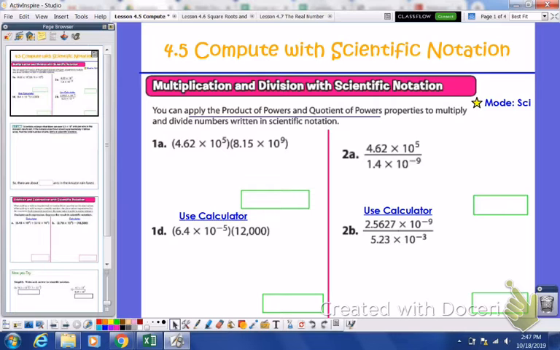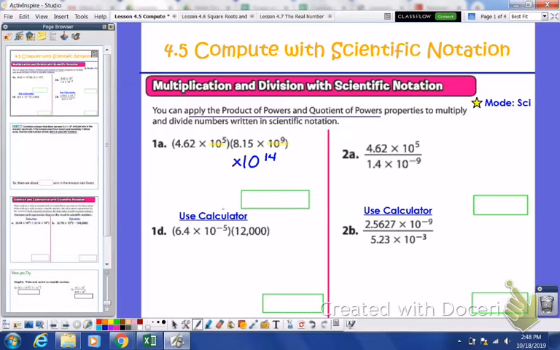So what this means, if we look at our first example, we have 4.62 times 10 to the 5th times 8.5 times 10 to the 9th. So we know from previous lessons that when we have a base with the same exponent and we multiply, we would add their exponents. So 10 to the 5th times 10 to the 9th gives us 10 to the 14th.